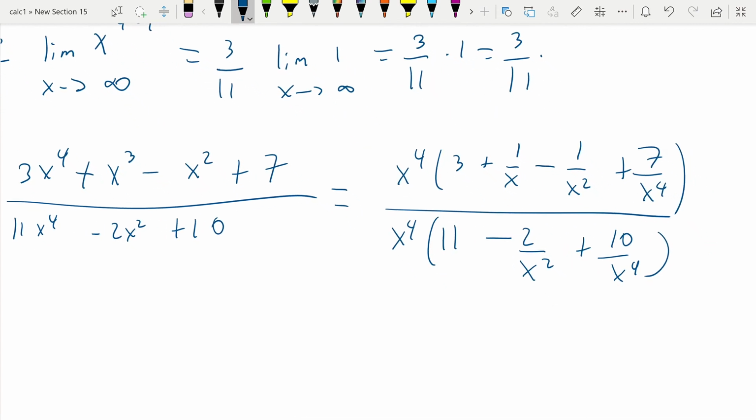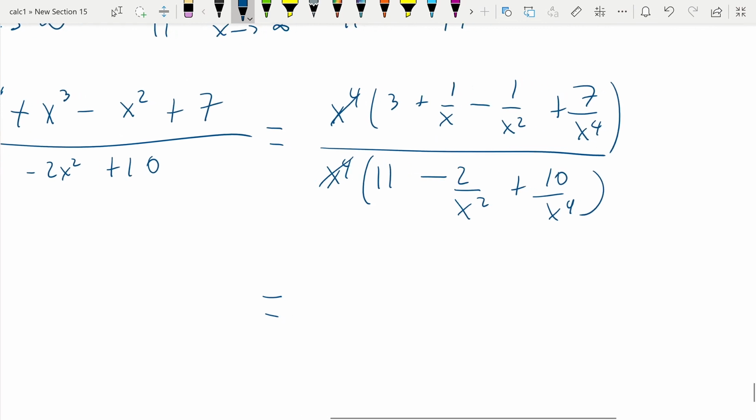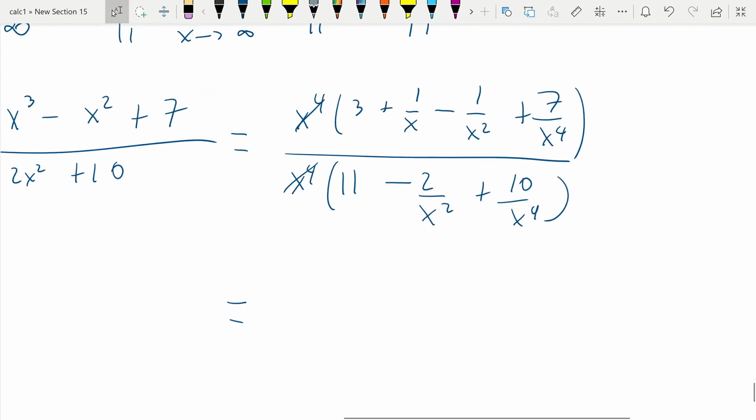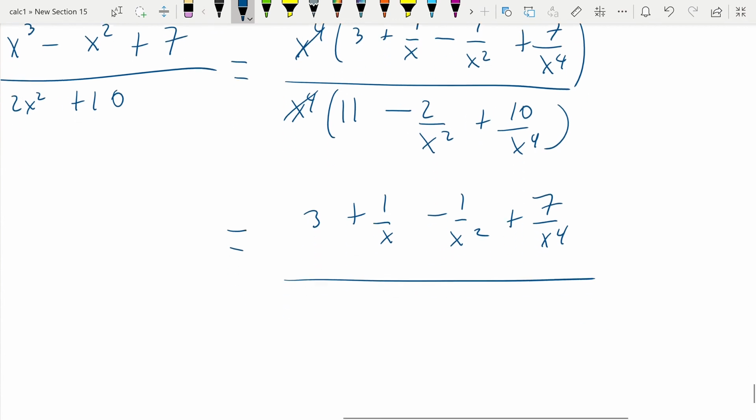Here we can cancel out x^4 and x^4 because we're letting x become very large, and in particular not 0. And what happens with the numerator? Let's look at each one of these terms.